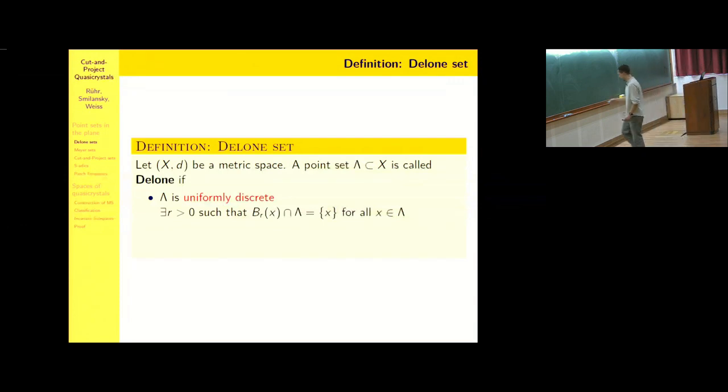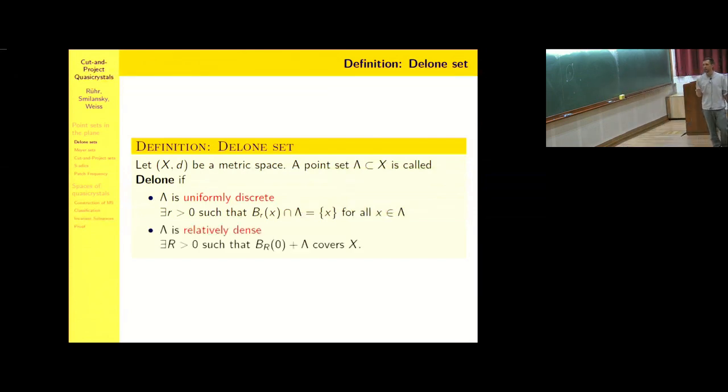So you have your point set, and there's some radius, small r, so that around each point you can always find a ball which does not intersect the rest of the point set.